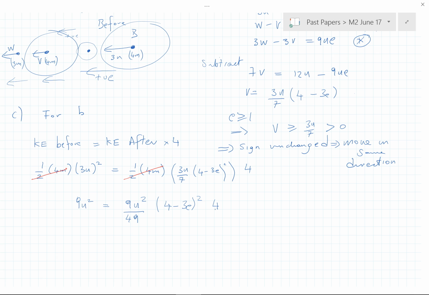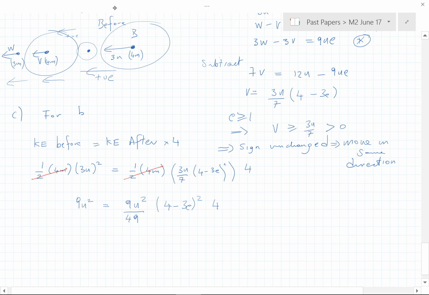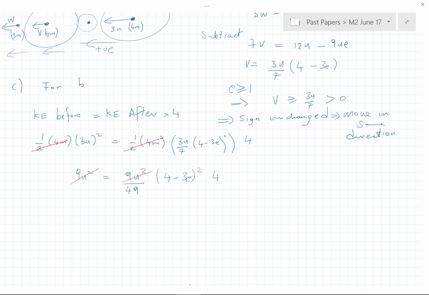Obviously the 9u squared now cancels. Now I'm sure many of you might be tempted to multiply out the brackets here. I suppose it's okay, but I'm not going to. A little bit more efficient, I think, to take square roots from there. We've got 49 over 4. Yeah, so take square roots on both sides.